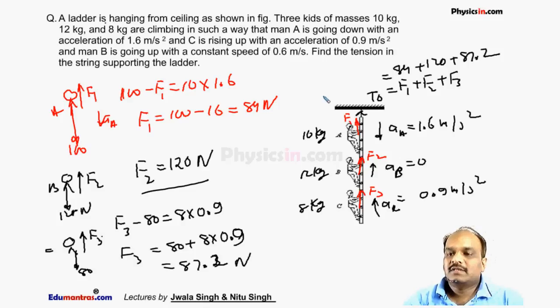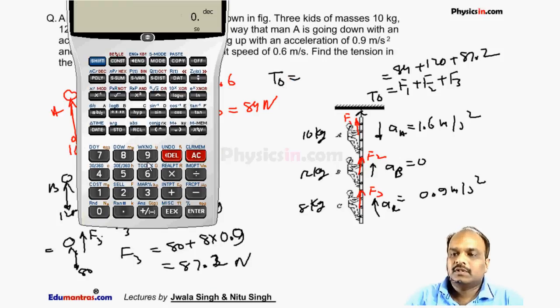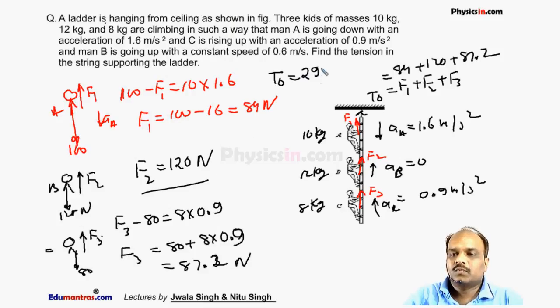Now if we add these three, we get the tension T naught comes out to be 291.2 Newton. So this is the total force experienced by this string. So this is the tension in the string.